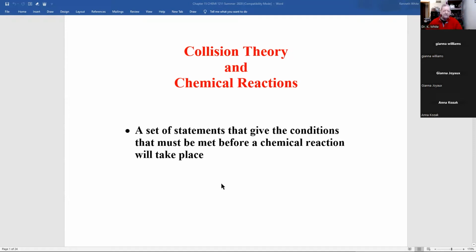All right. When we talk about rates of reactions or just chemical reactions in general, there's something called the collision theory and chemical reactions. As you did last week in lab where you were investigating, did a chemical reaction occur? What's necessary for a chemical reaction to occur?